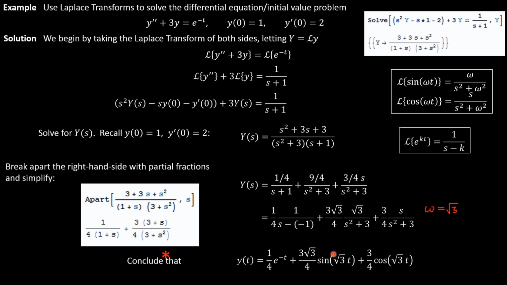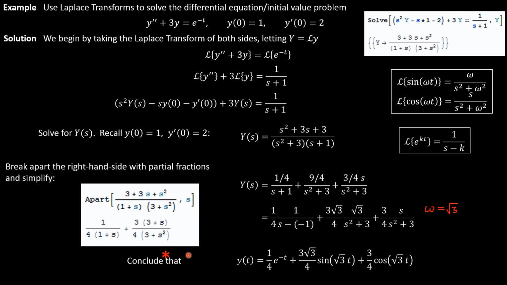You can check that the Laplace transform of this term here is this, the Laplace transform of this is this, and the Laplace transform of this is this, using these three formulas. And so why did I put an asterisk here? Well, because I've just done something very devious.